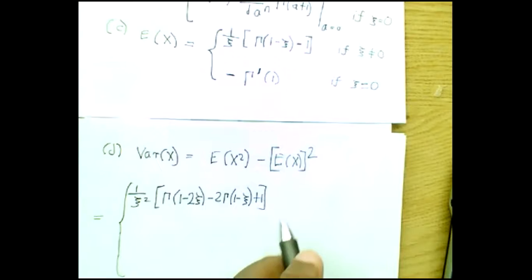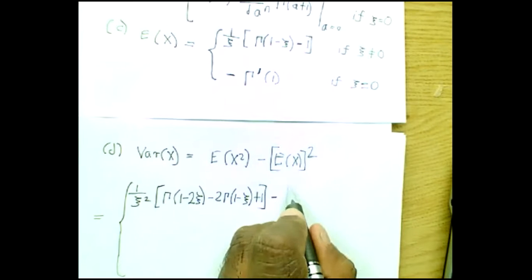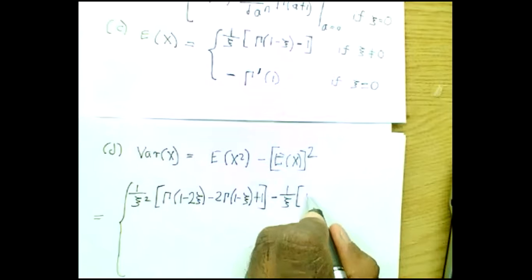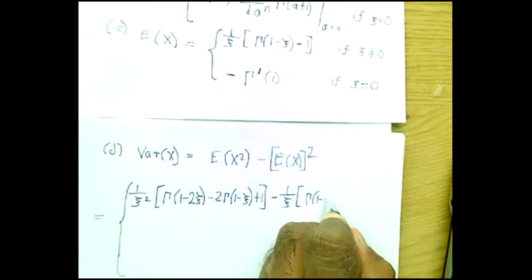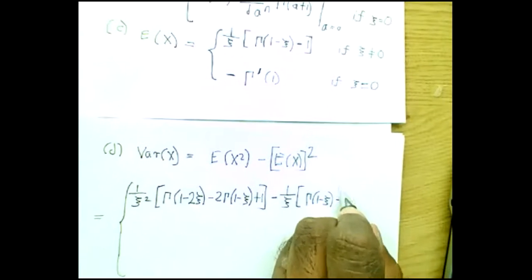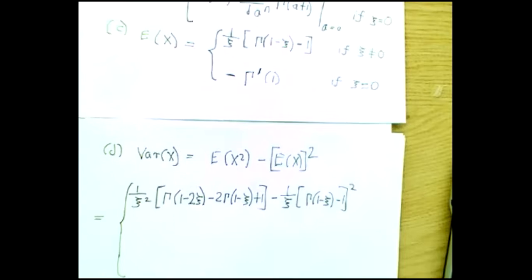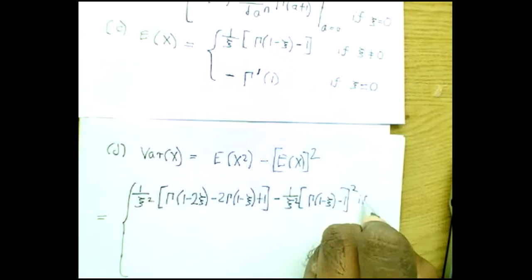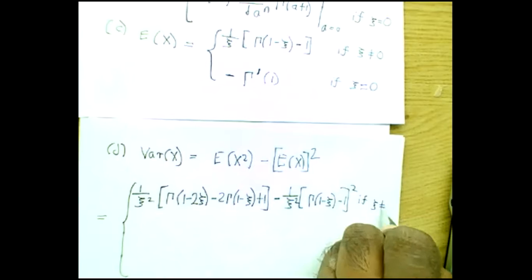And the square of the mean, which you already worked out, is this. Sorry, this is squared also, right? That is if psi is not equal to 0.